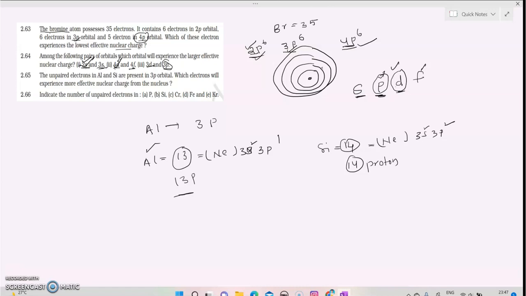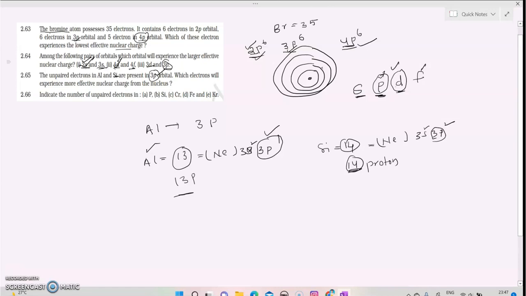Where more protons are there, more effective nuclear charge will be there. Here the electron is present in the 3p orbital, and here also the electron is present in the 3p orbital. But where is the nuclear charge more? In silicon, with 14, the nuclear charge is more. So that's why the silicon unpaired electrons will get more effective nuclear charge. So the answer is silicon here.